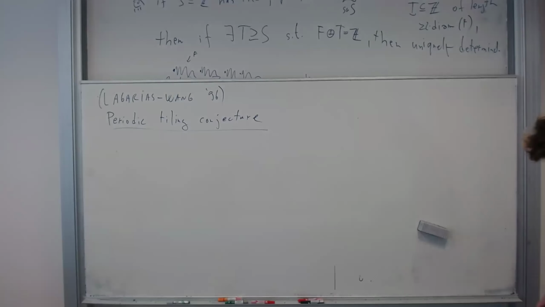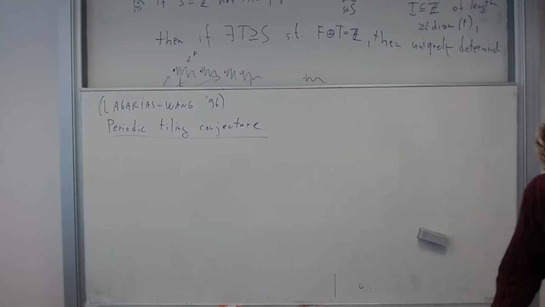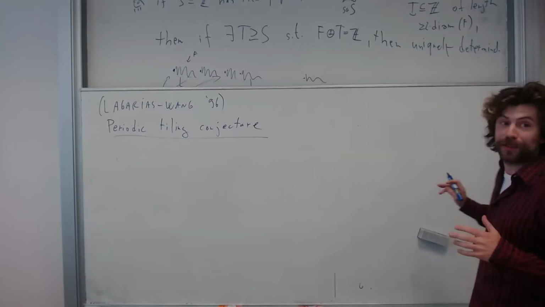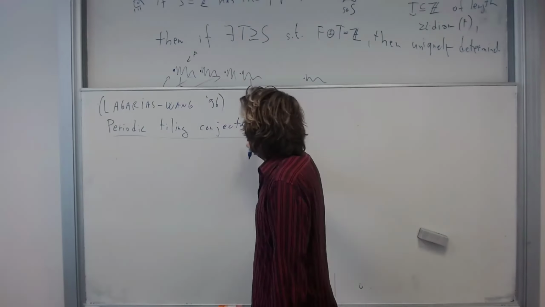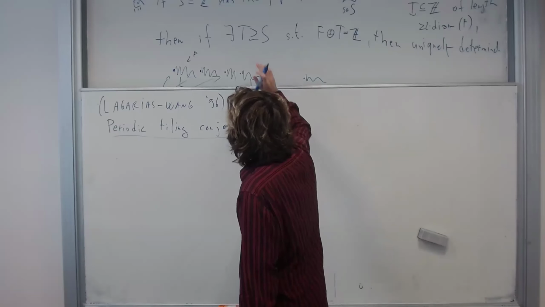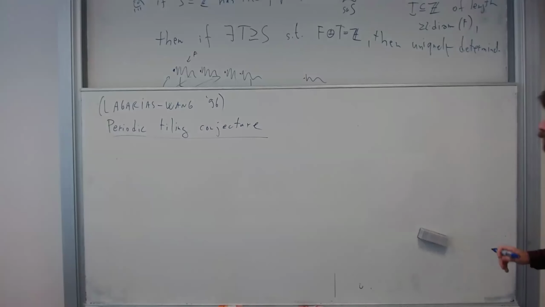In dimension 1, you know that every tiling is periodic, but it's clearly not true for higher dimensions. For example, if you consider this square, then you can tile in ways that are not periodic. You can tile by columns, and then randomly distort the columns. This will still be a tiling, but it will not be periodic. But they conjectured that if F is a tile, then there exists a tiling complement that is periodic.